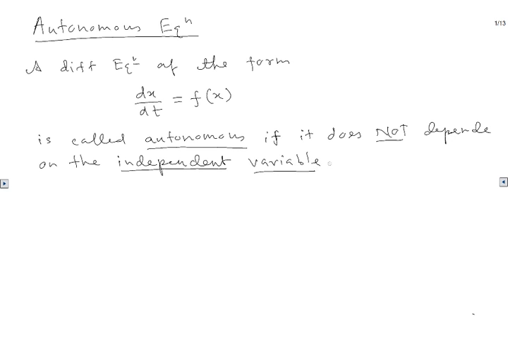In this case it is the time variable, but it need not be. In general it can be whatever independent variable you have in the equation, but in this case t is the independent variable.